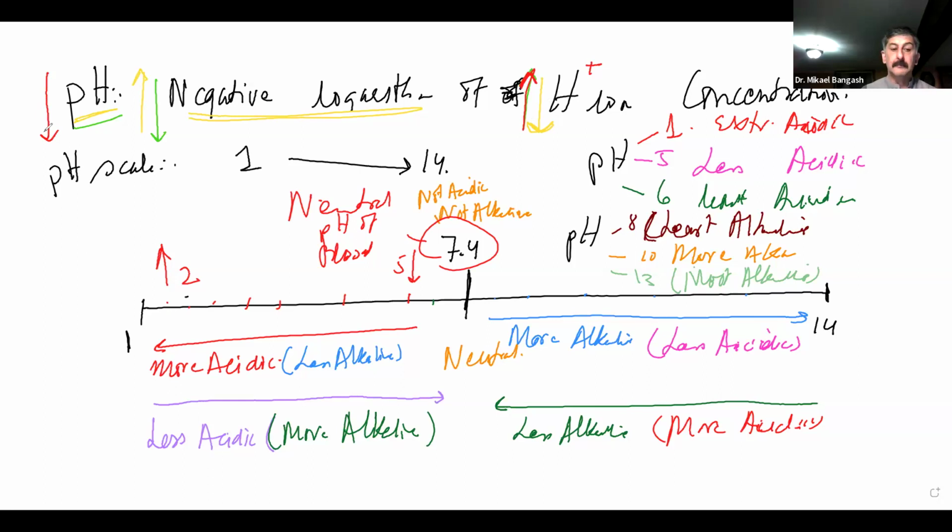That makes sense. So a substance with a high hydrogen concentration, for instance hydrochloric acid, has a low pH value. Its pH is going to be 1.